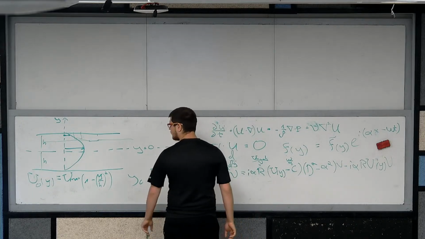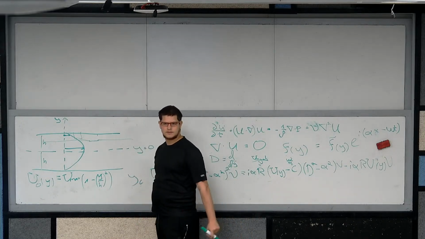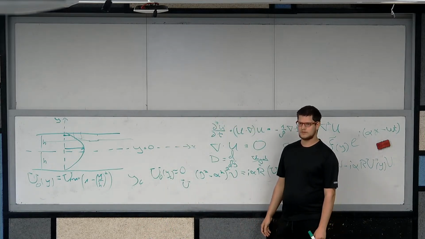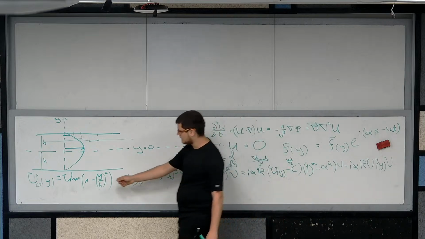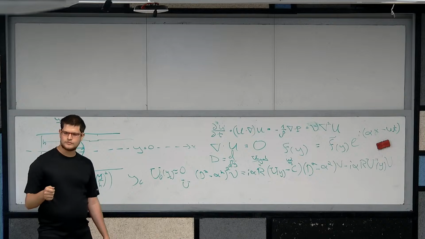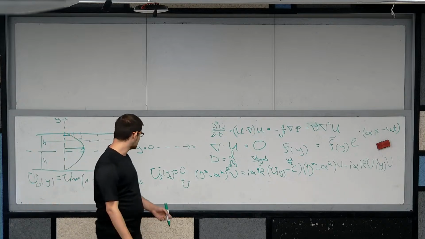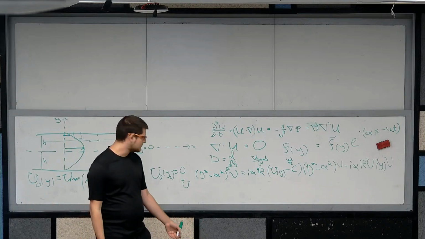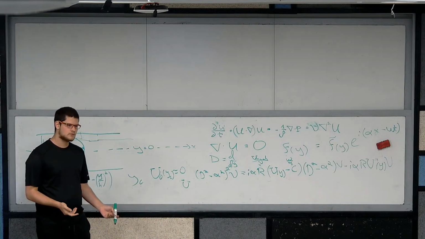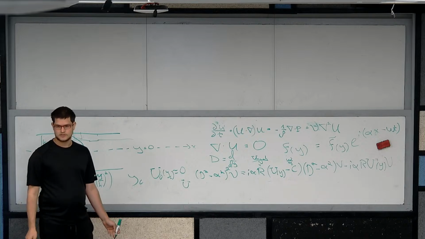One thing, because we assume the pipe is very wide, what will the second derivative be? Very small, because it will be of order O of 1 over h squared. So it's pretty much 0. So it's very nice to take it to first order approximation.